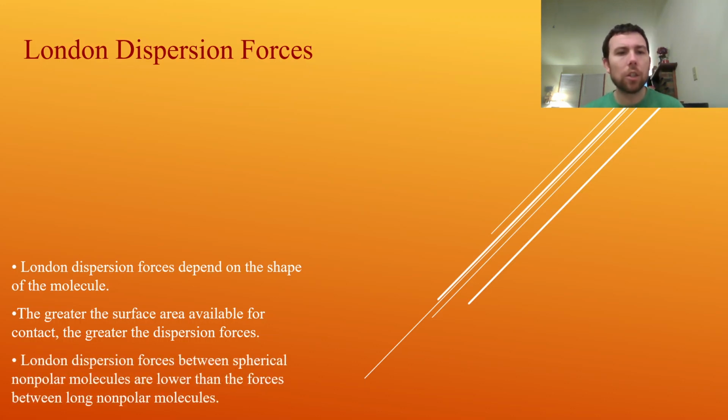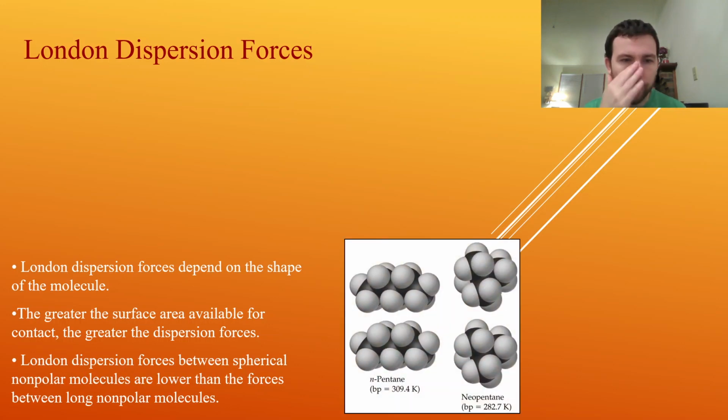If you take a look at the image that's going to show up over here, we can start to see that. London dispersion forces between spherical nonpolar molecules are lower than the forces between long nonpolar molecules. You've got pentane and neopentane. N-pentane is simply this long carbon chain, whereas neopentane is the structure where it's kind of balled itself up.